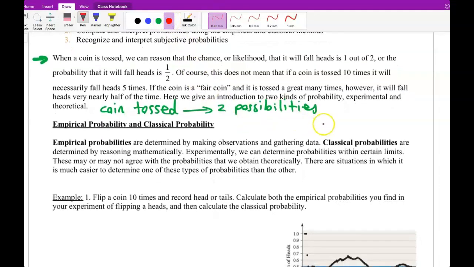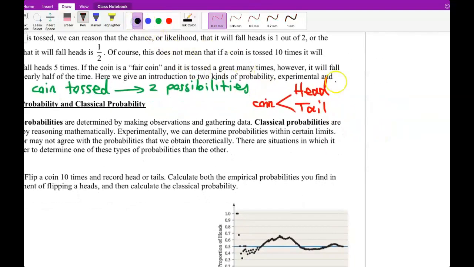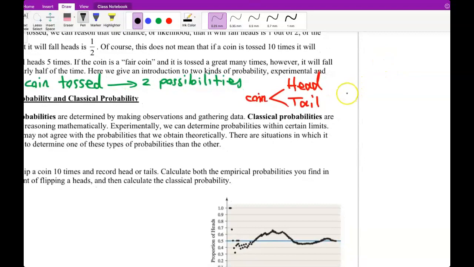And that is one is head and the other side is tail. What this means is the chance is 1 out of 2 for each one. So for head, and here for tail, the chance is 1 out of 2.